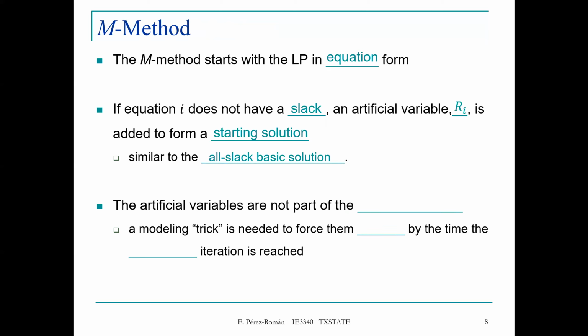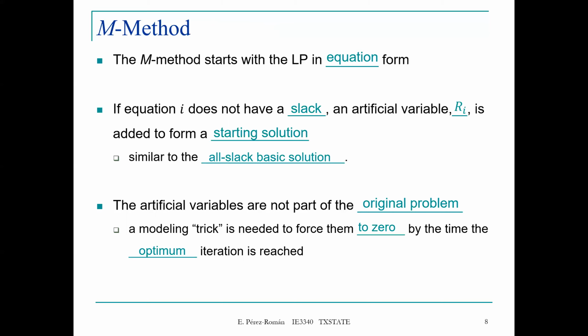The artificial variables are not part of the original problem. This is just a modeling trick which is needed to force them to zero by the time the optimal iteration is reached.